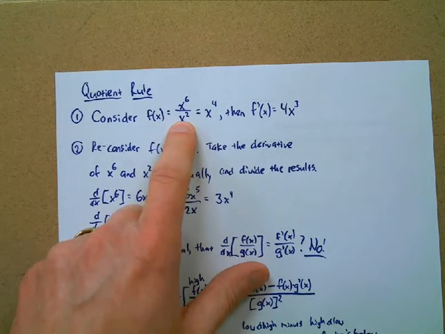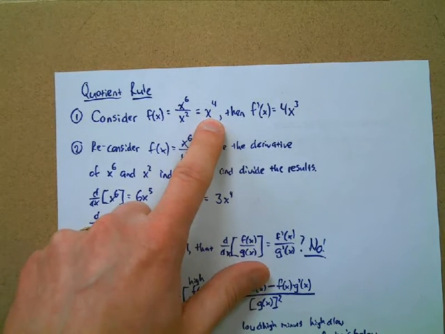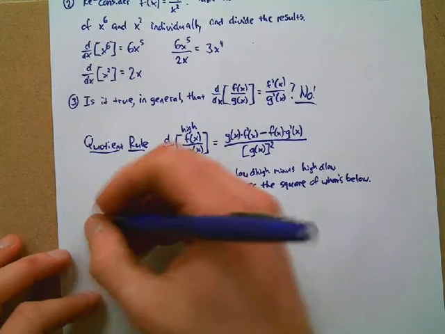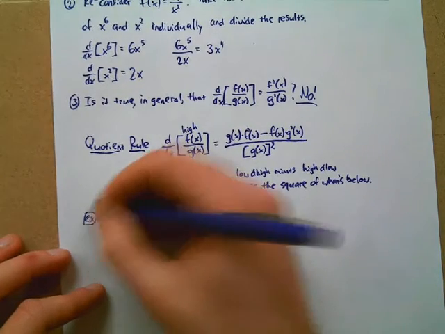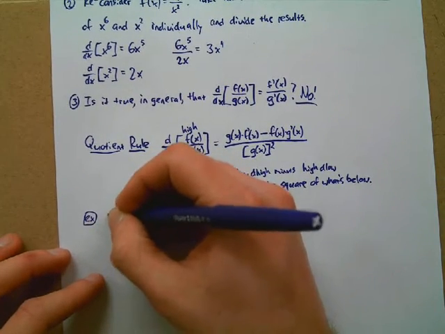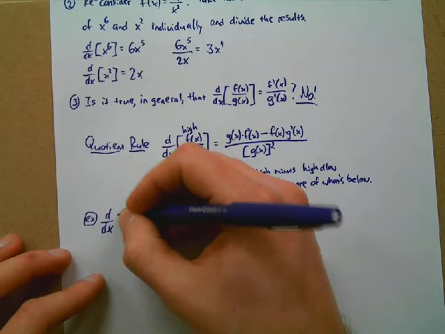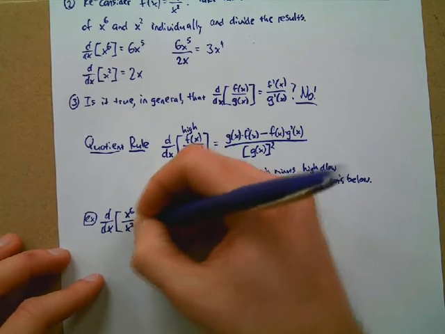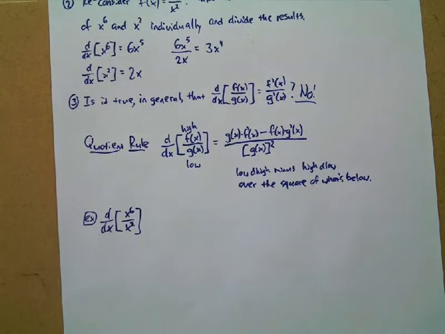But let's just make things hard on ourselves and find the derivative of x to the 6th over x squared using the quotient rule. So in terms of the quotient rule, the x to the 6th will be like f, the x squared will be like the g.